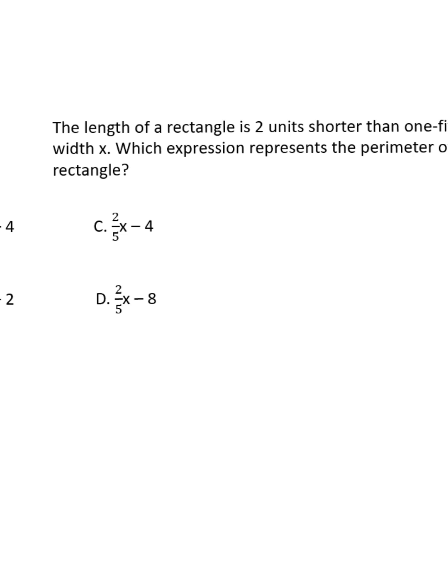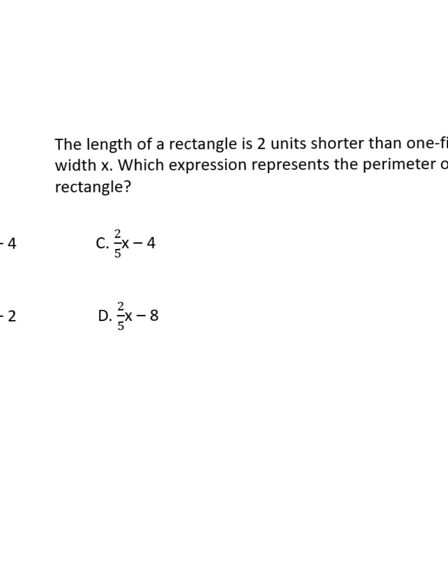All right, this problem is a little bit more complicated because you have to remember things from previous years. It says the length of a rectangle is 2 units shorter than 1/5 of the width, x. Which expression represents the perimeter of the rectangle? So, first thing we have to remember is what perimeter is.